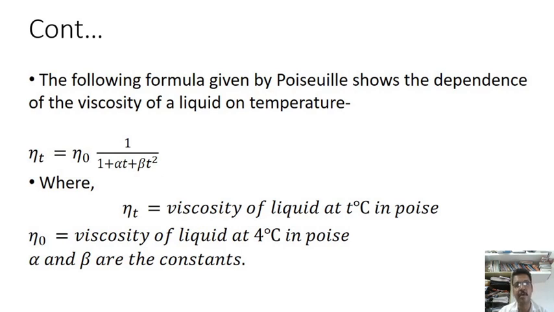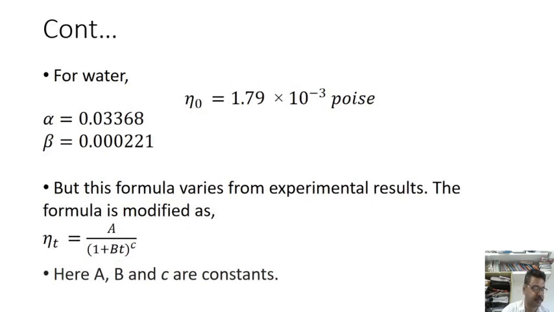Knowing this concept, Poiseuille explained a relation showing the dependence of the viscosity of a liquid on temperature: eta_t = eta_0 / (1 + alpha t + beta t^2). Here eta_t is the viscosity of the liquid at t degrees Celsius in poise, and alpha and beta are constants.